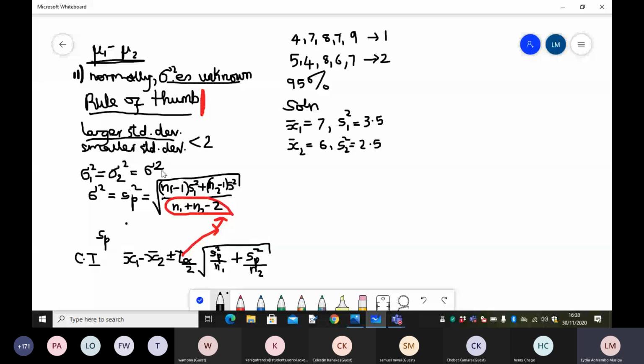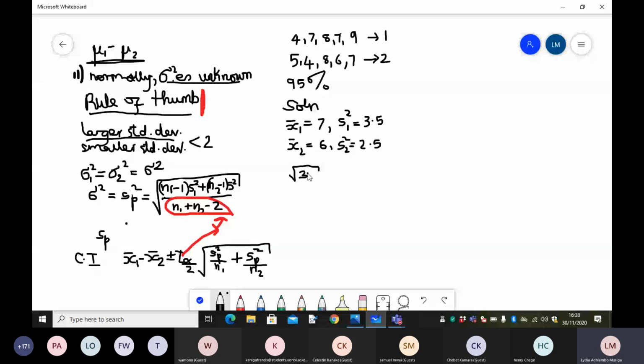So now that we know the two sample variances, we need to check what the ratio of the larger standard deviation to the smaller standard deviation gives us. The larger standard deviation is the square root of 3.5, because remember that 3.5 is the sample variance. We need the sample standard deviation.